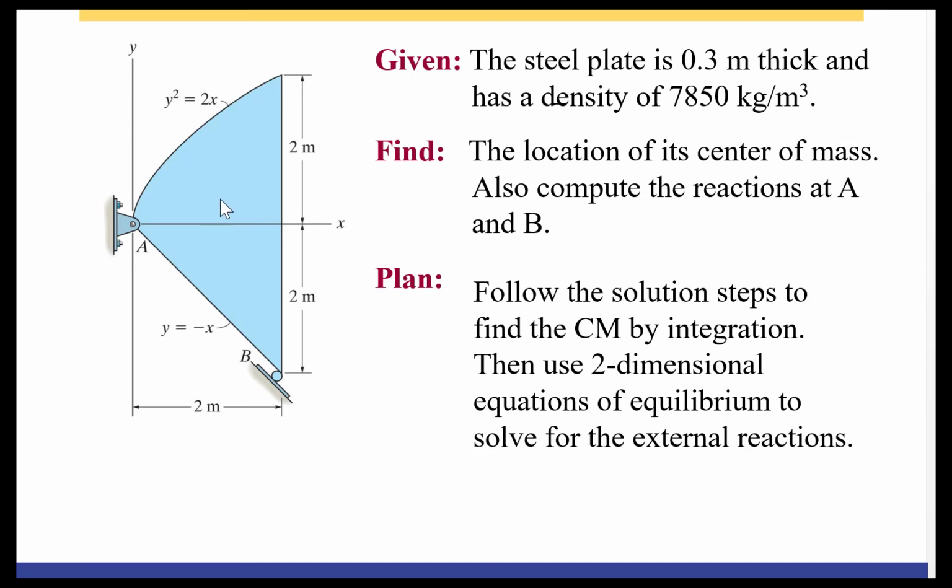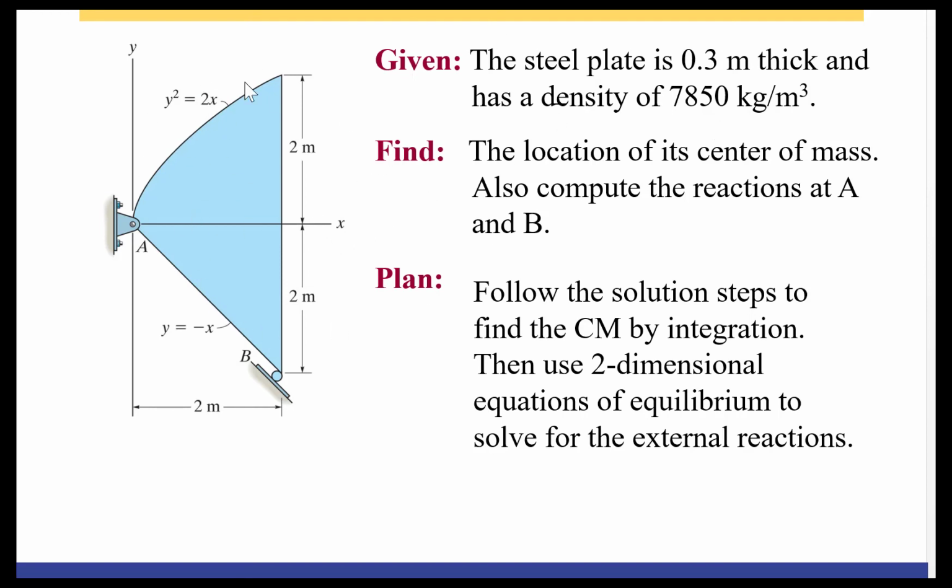The total weight will be the volume multiplied by the density, which gives us a mass, multiplied by the gravitational constant 9.81, because it's an SI unit. It's going to give us the total weight, right? That will define the location.